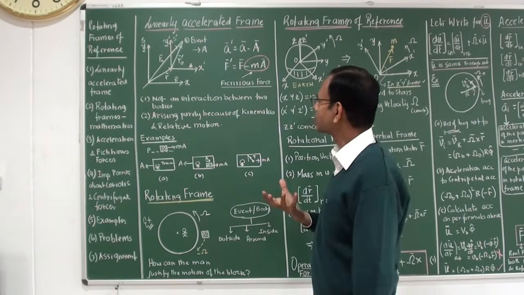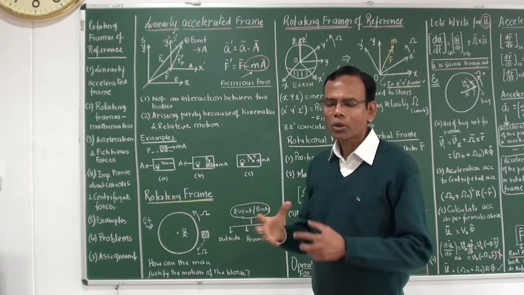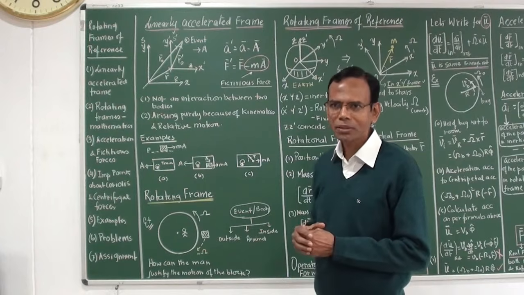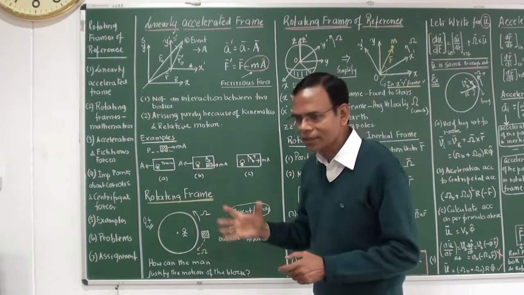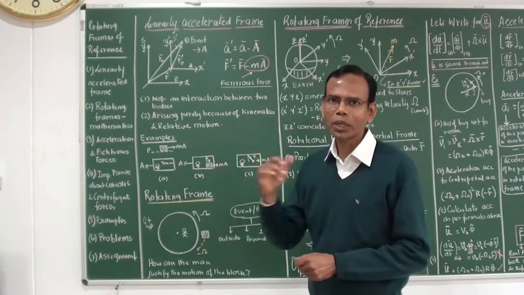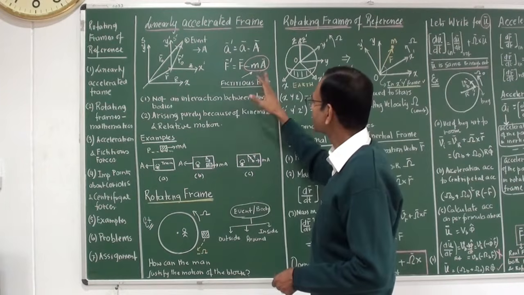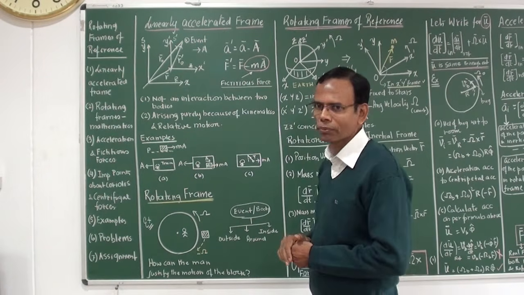Now this term is arising not because of interaction between the bodies, but because of acceleration of the frame with respect to that body. And that is why this is known as fictitious force.